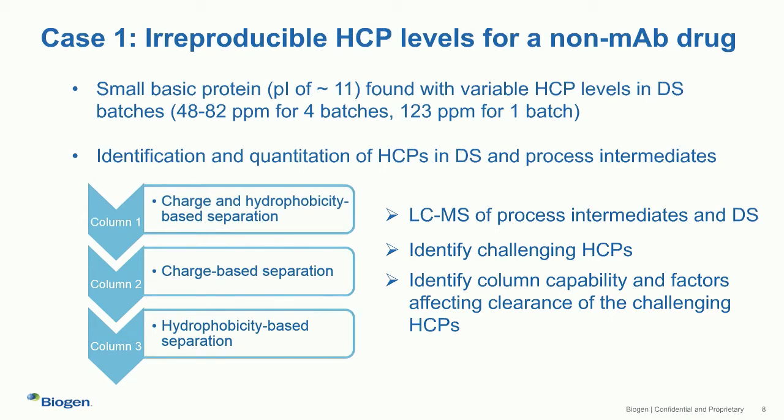The second column is charge-based separation, and the third column is hydrophobicity-based separation. Basically, we focus on the host cell proteins identified in the last column eluate and looked into the clearance curve in the upstream purification process steps, and then identified the column capability and factors that could provide better clearance of this residual host cell protein detected in the final drug substance sample.